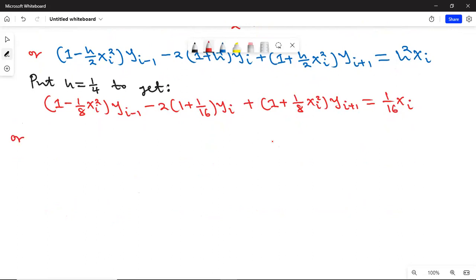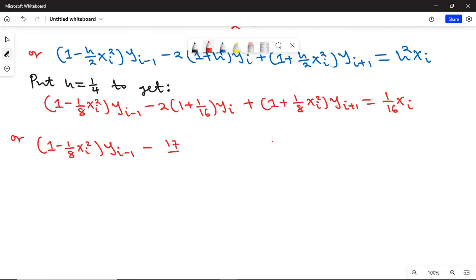And if I simplify this further, I am going to get here 1 minus 1 over 8 xi squared yi minus 1, minus 17 over 16, and 17 over 8 because of the 2 there.